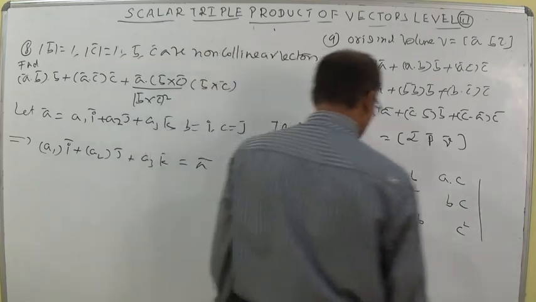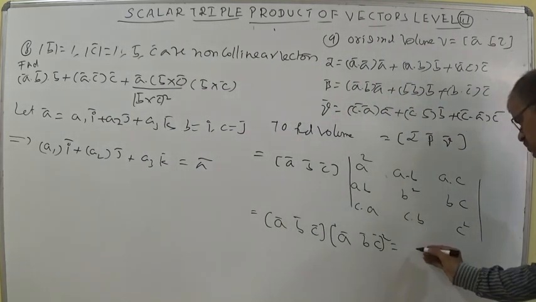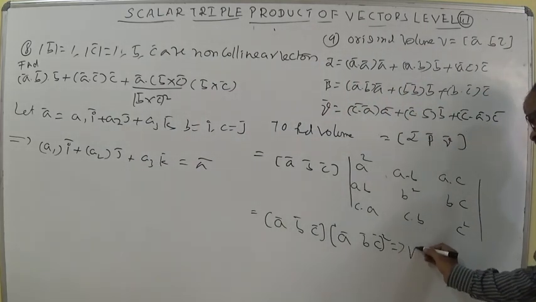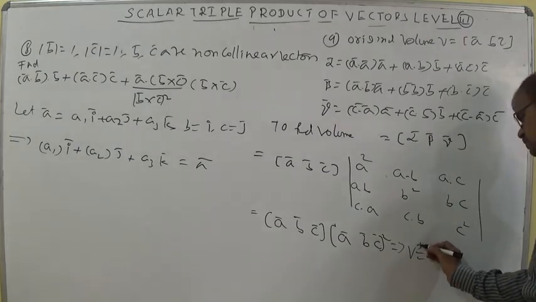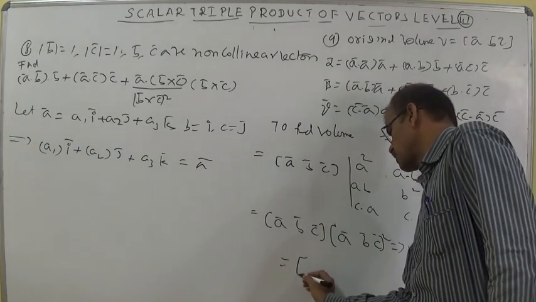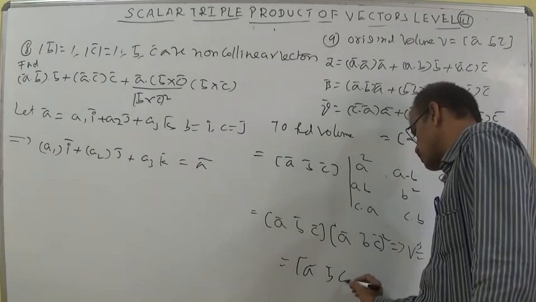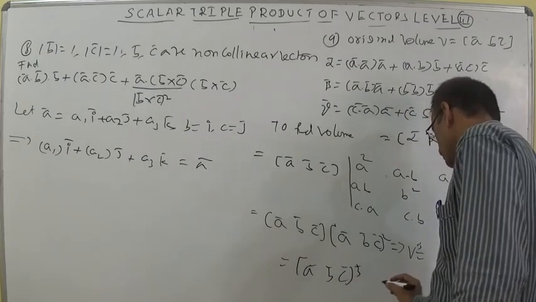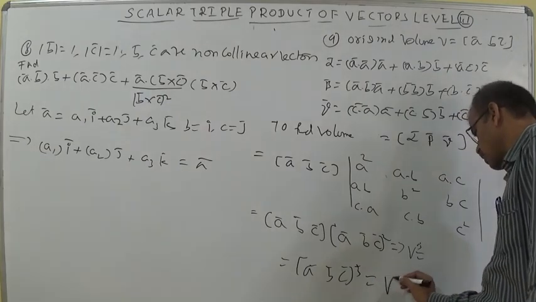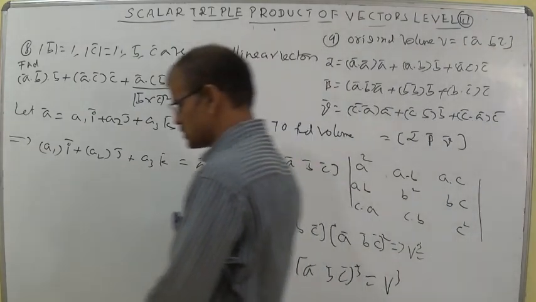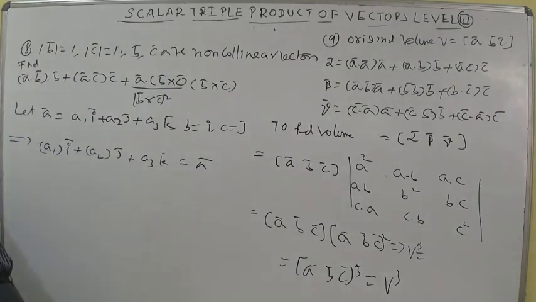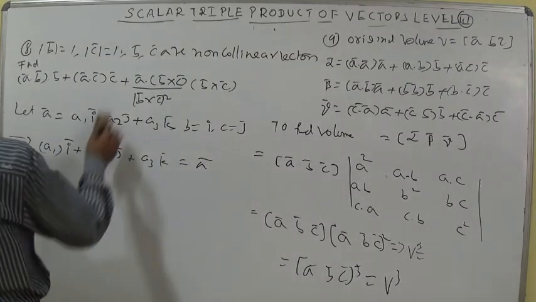This is the formula, the notation of box ABC whole square. That implies V is equal to box ABC whole cube. He is asking the volume using these vectors, which is equal to V cube. V cube is the answer. Next, let us discuss the 10th question.